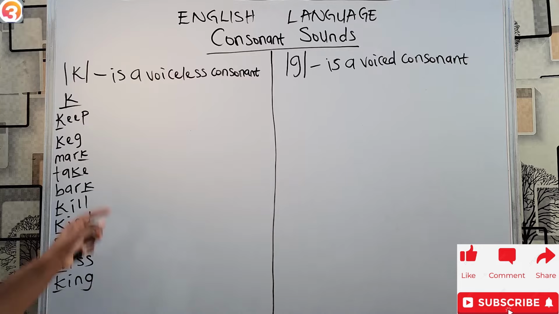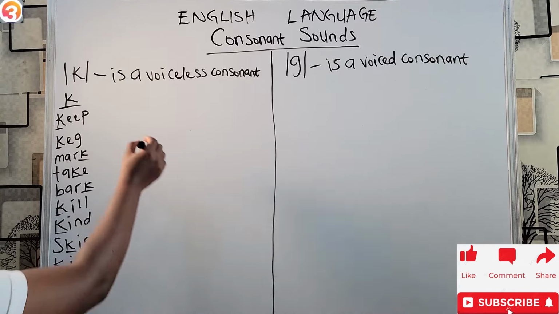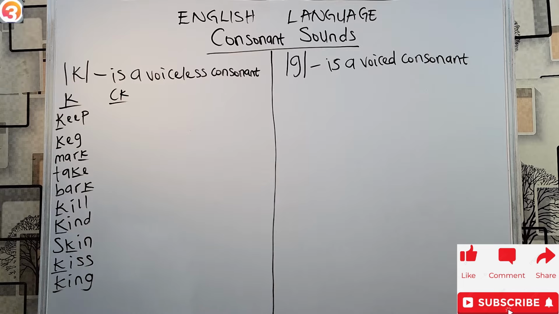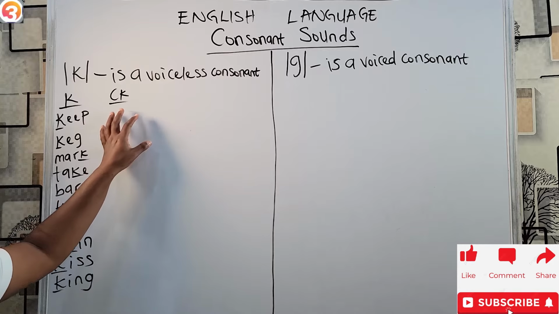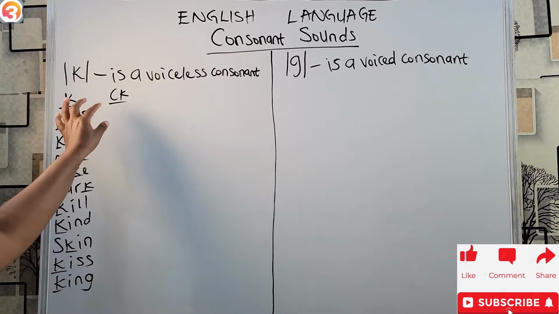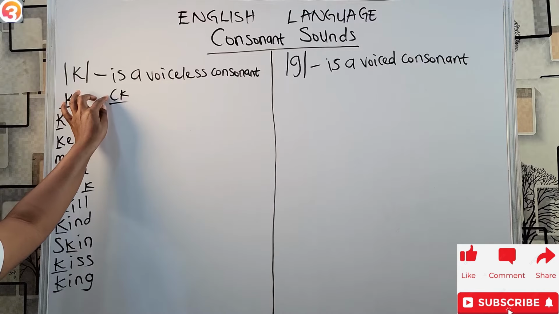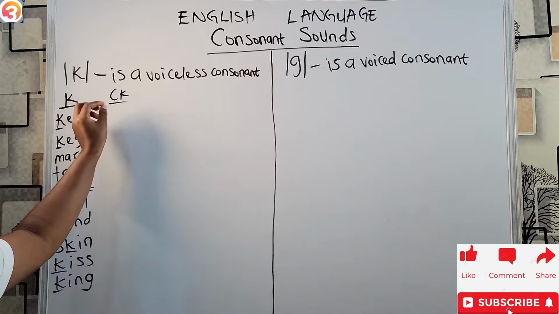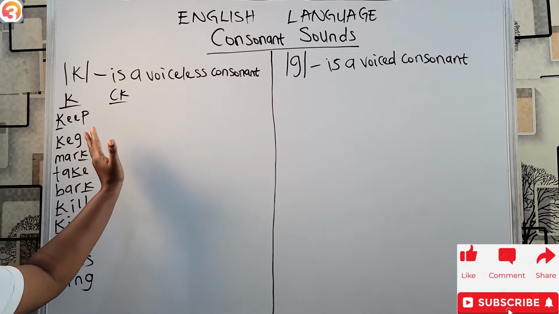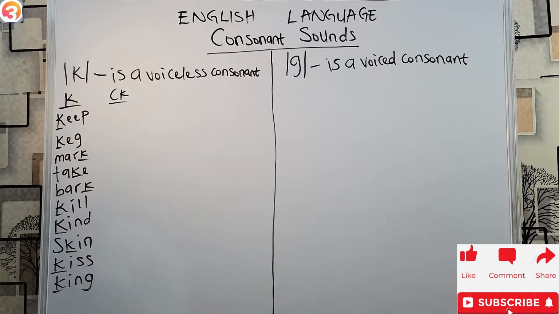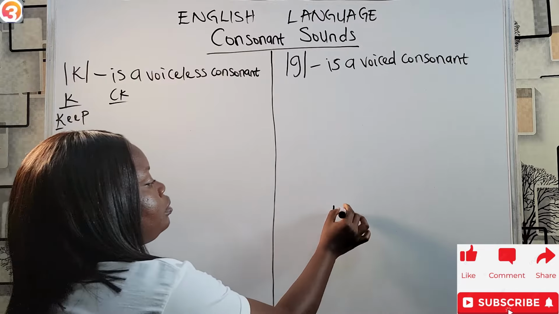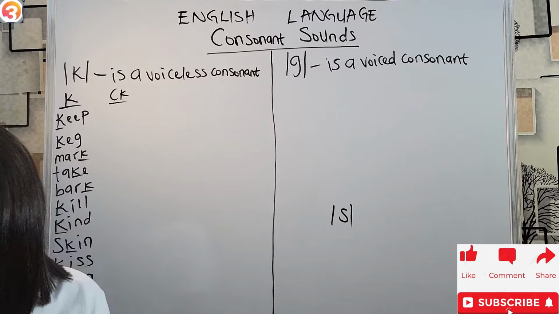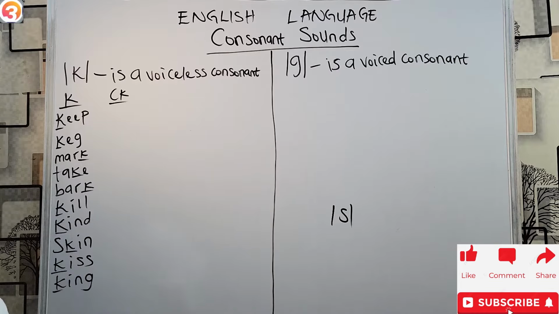Then we can also find this consonant in words containing CK. Recall that in speech sounds we do not have C as a consonant. It's either pronounced as K or as S, depending on the way it is in words.